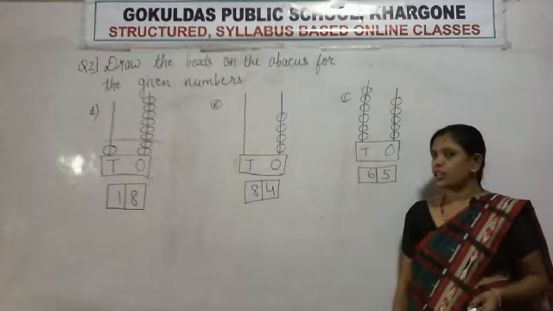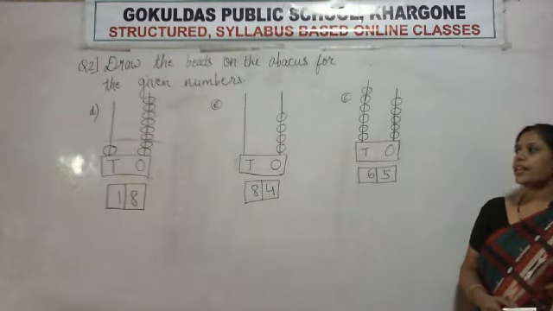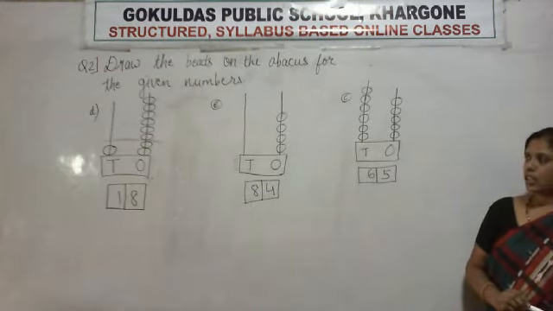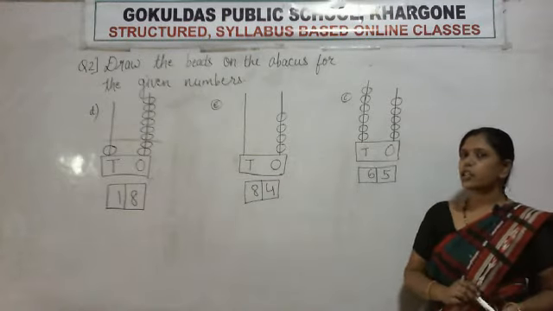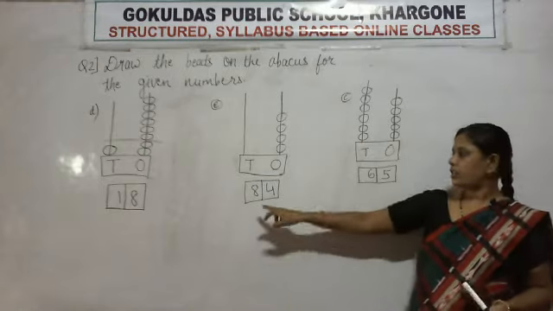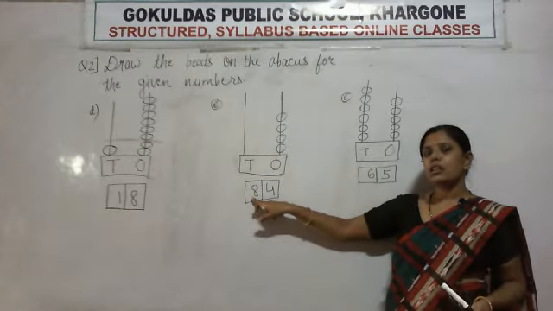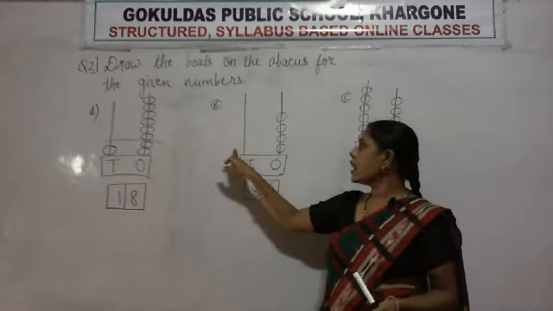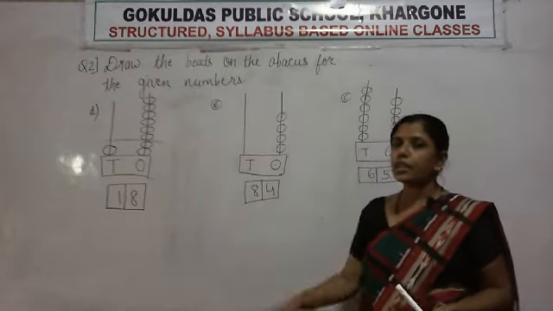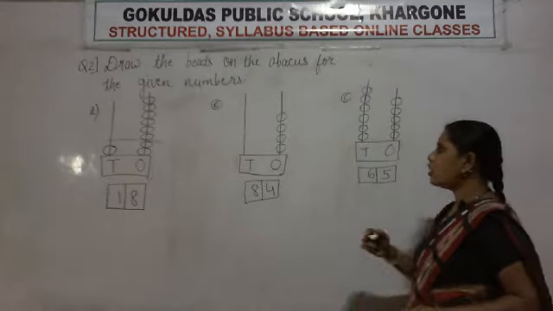Now next, what is the number at tens place? 8. Very good. So how many beads do we have to draw this side? 8 beads.